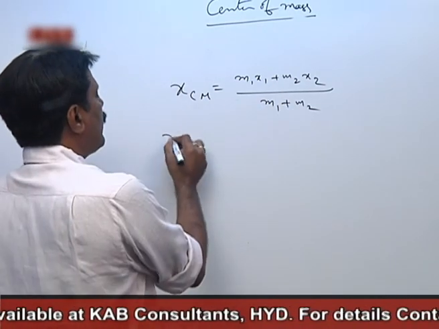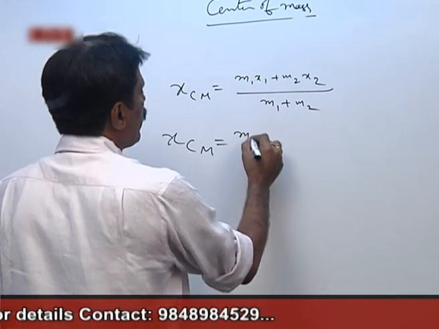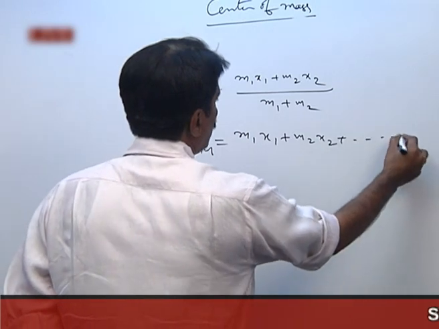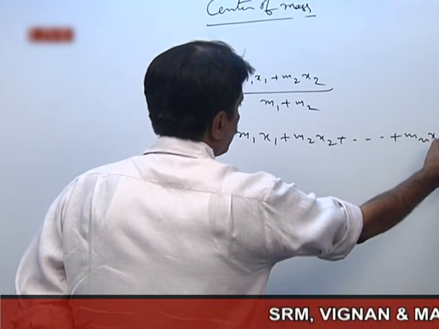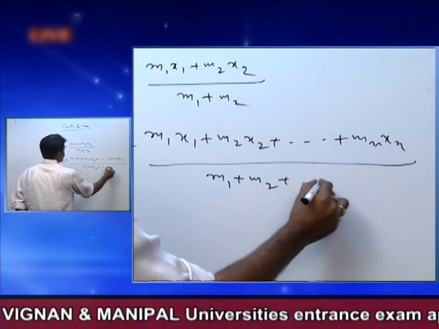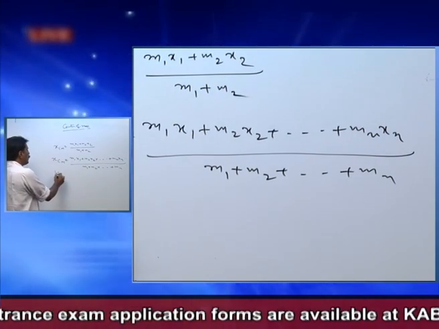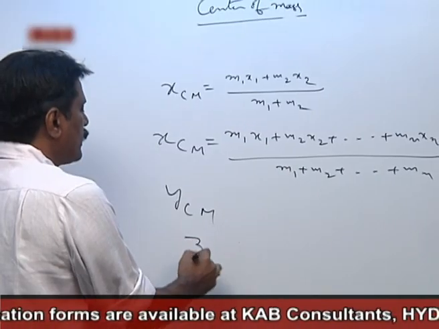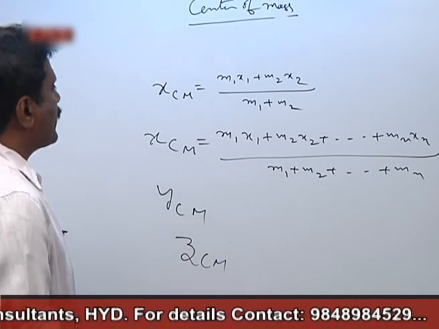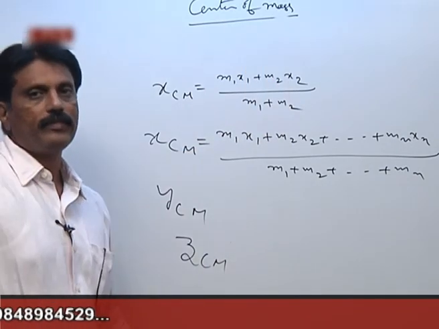Suppose there are n particles, then center of mass coordinate will be equal to m1 x1 plus m2 x2 and so on up to mn xn by m1 plus m2 and so on up to mn. Similarly, we can write for the y coordinate of center of mass, z coordinate of center of mass. So, we have extended the two particle system to an n particle system.